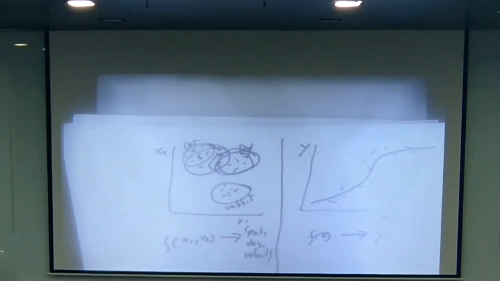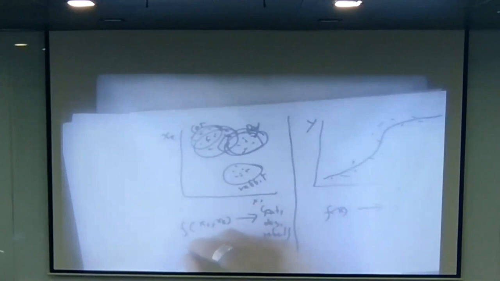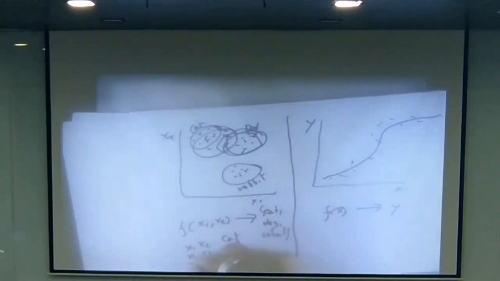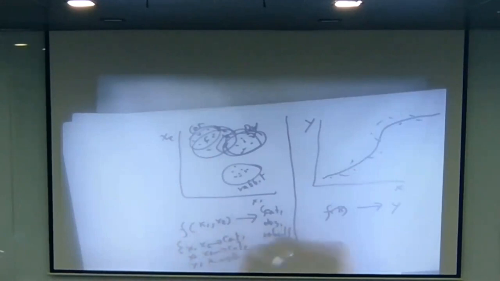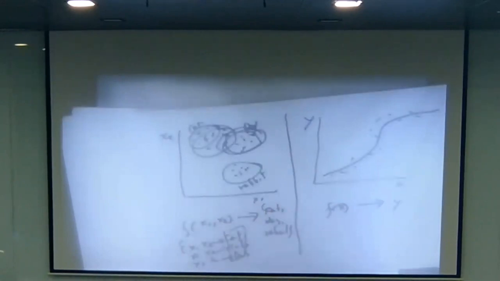What that means is that the data set comes in the form of X1, X2, cat; X1, X2, cat; X1, X2, dog. This is what it would look like in Mathematica, right? Cats and dogs definitely are different animals. You hope, very important here, that the X1 and X2 that you choose to measure will allow you to separate them clearly.